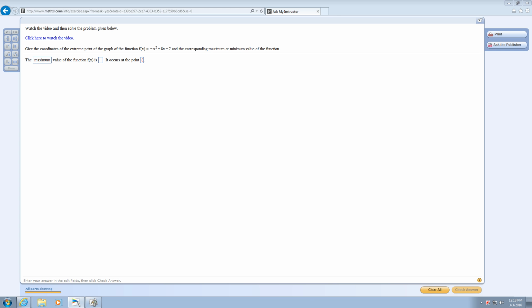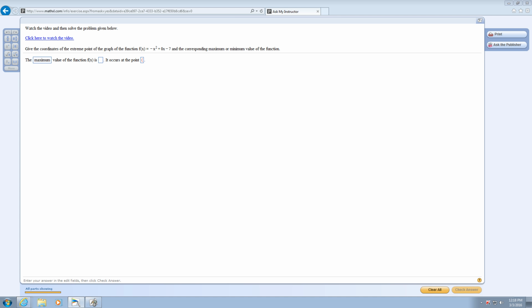And half of 8 is 4. 4 squared is 16. So that's going to give you negative x minus 4 quantity squared is equal to 7 minus 16.